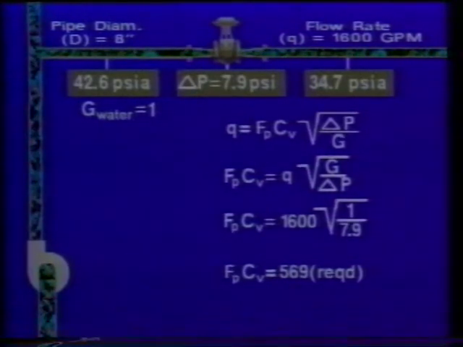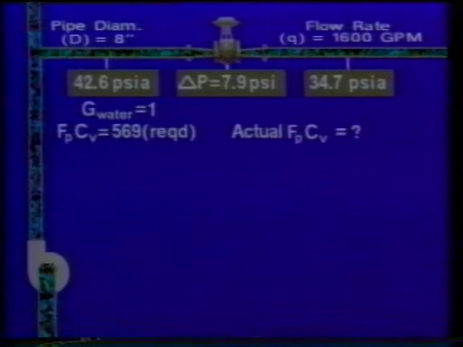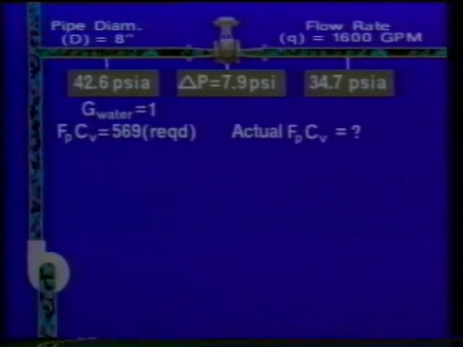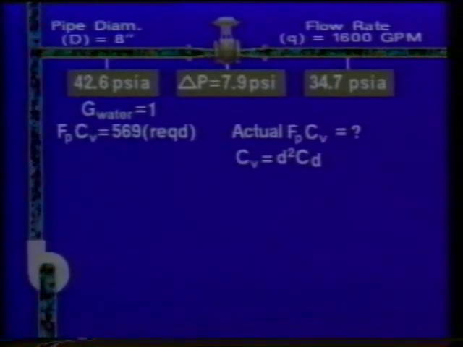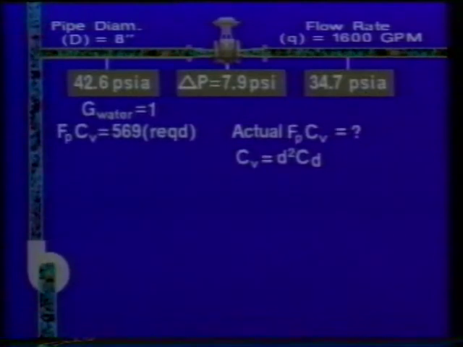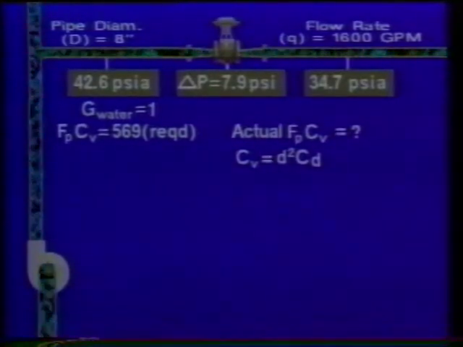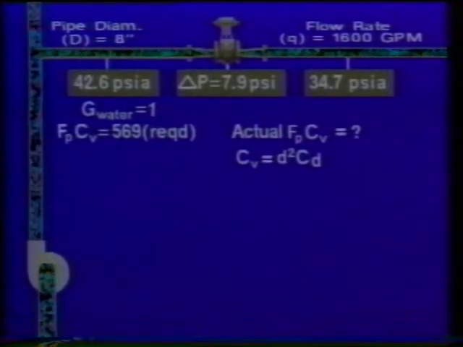The next step, then, is to determine the actual effective flow coefficient for our valve choice when installed in this system. We do this by calculating a value for the actual F sub P and the actual C sub V. Let's do C sub V first. This is the equation used to calculate C sub V, where D is the diameter of the valve inlet and C sub D is the relative capacity factor for the valve.